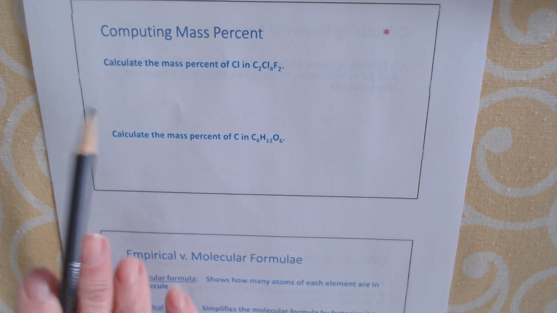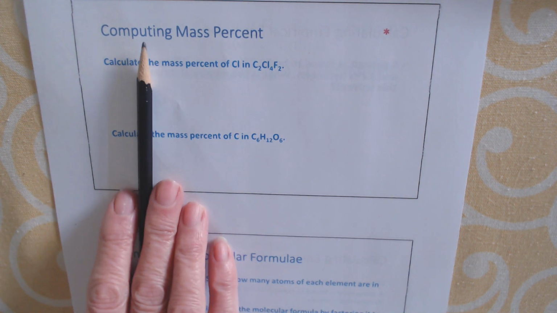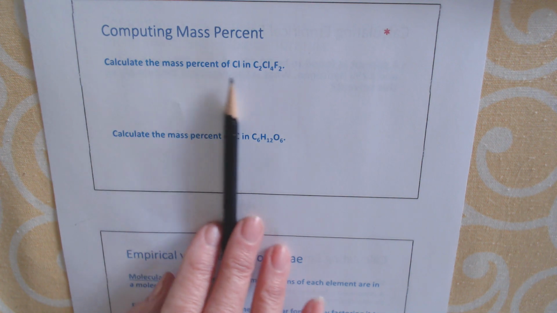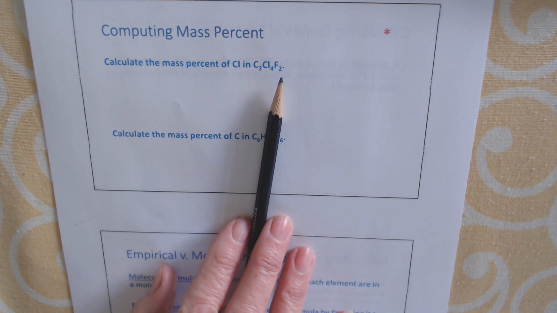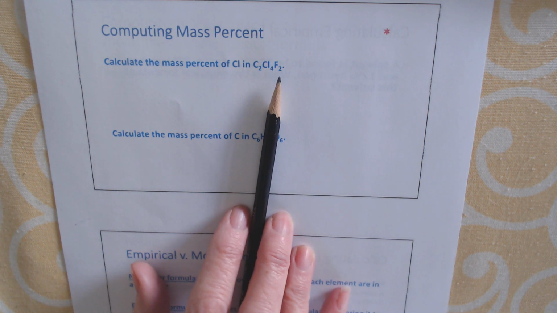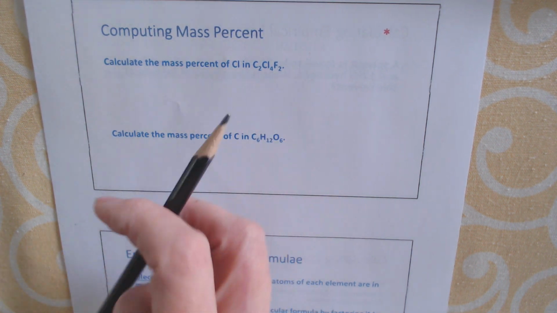The first thing is computing mass percent, which is probably pretty straightforward to you. In fact, I bet you can look at this and guess how to set this up. So stop your video, take a moment, and see if you can figure out how to do it. All right, chances are you are right.